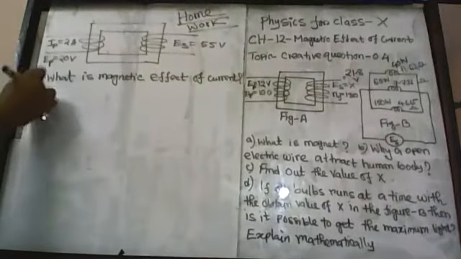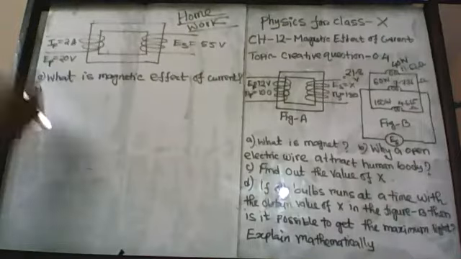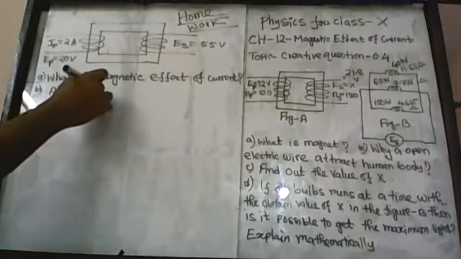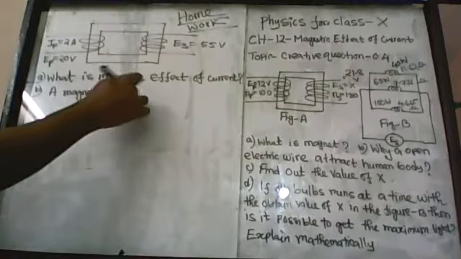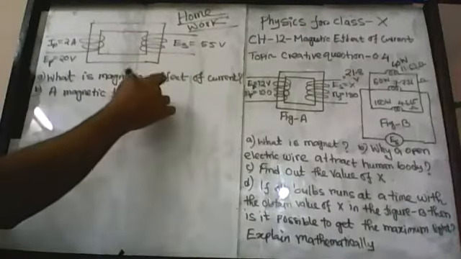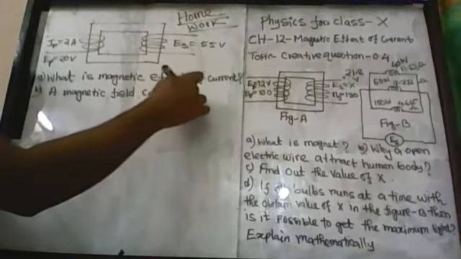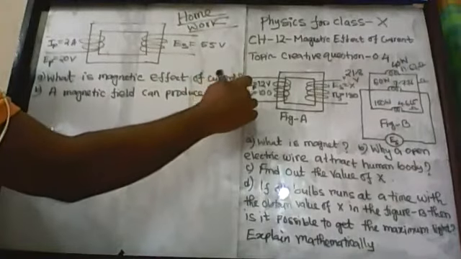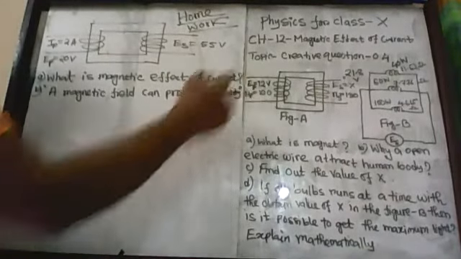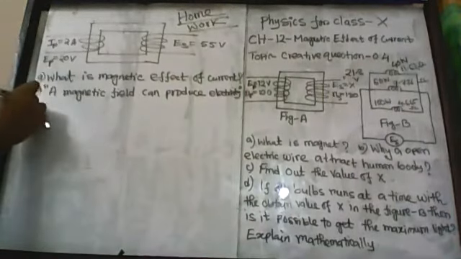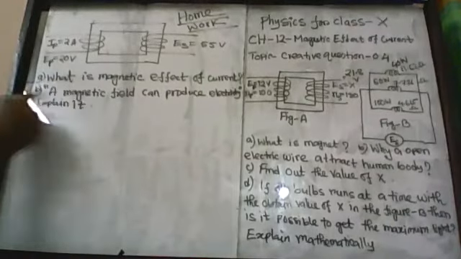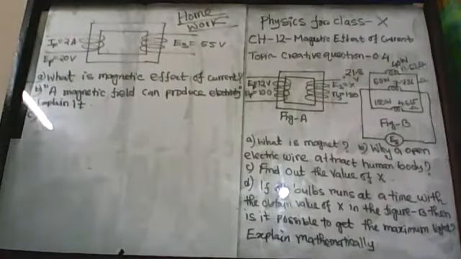Question number B: A magnetic field can produce electricity.